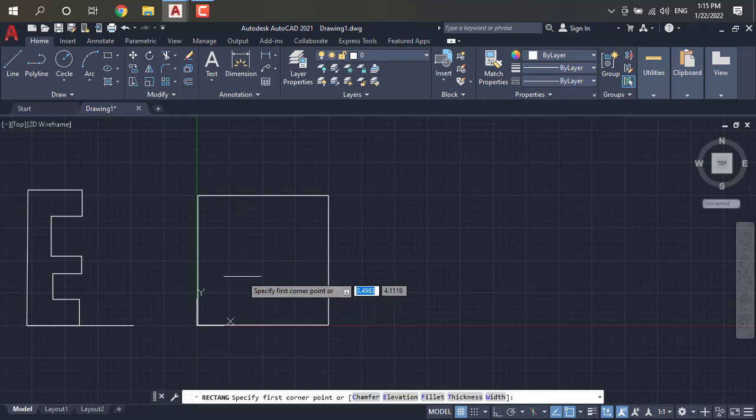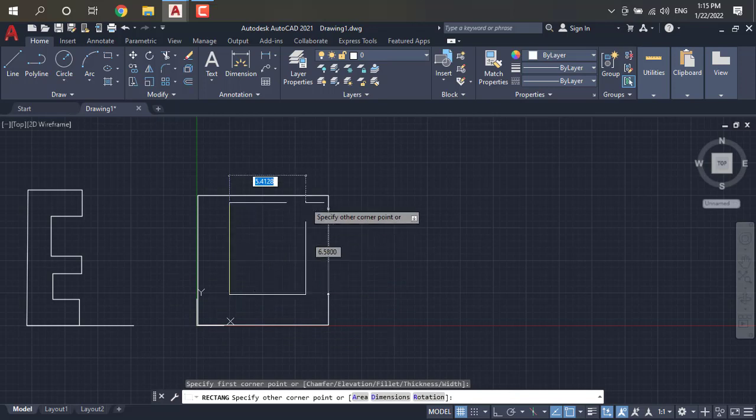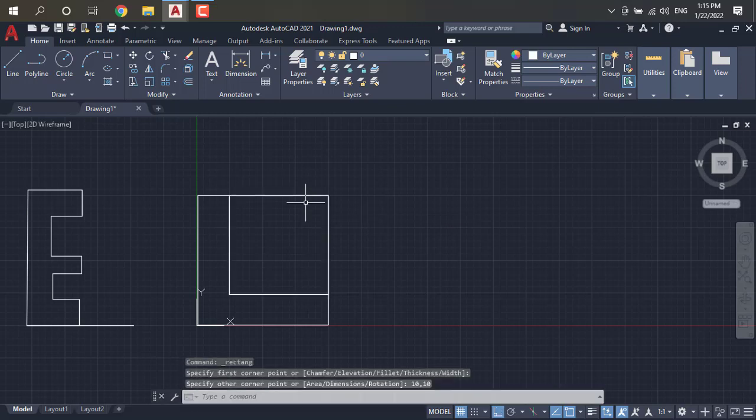Then I don't want horizon, so from this point I have to give again 10 comma 10. So our ending point will be same, but the starting point, the horizon, will not be same. That's why the length and the two sides are different, but the opposite corner point will be same.